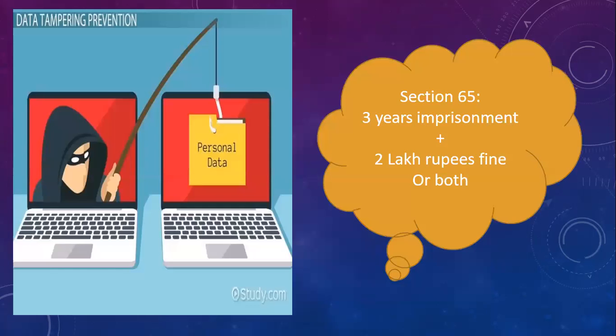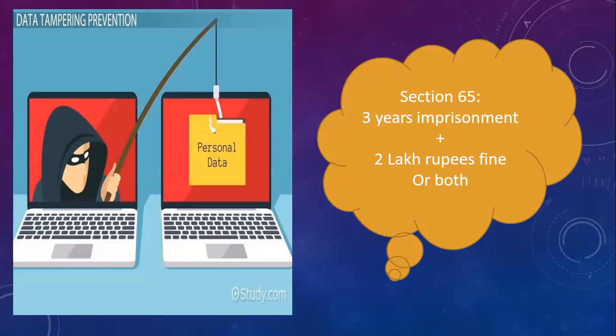So section 65. As we know, section 65 is for those who knowingly or intentionally conceal, destroy, or alter any computer source code, which is punishable under section 65. When we say computer source code, it means the listing of programs, computer commands, design, and layout.